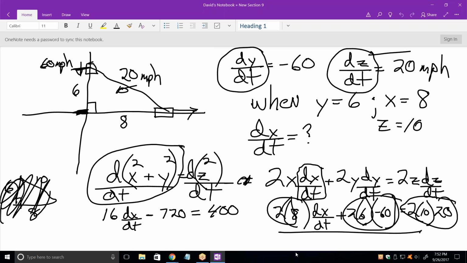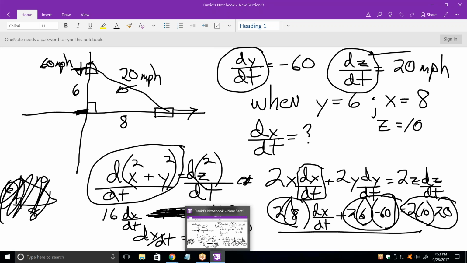Now I want to solve for dx/dt. So let's move the 720 over to the other side. Makes it 1120. Now divide by 16 and we have our answer. We have dx/dt is equal to 1120 divided by 16.